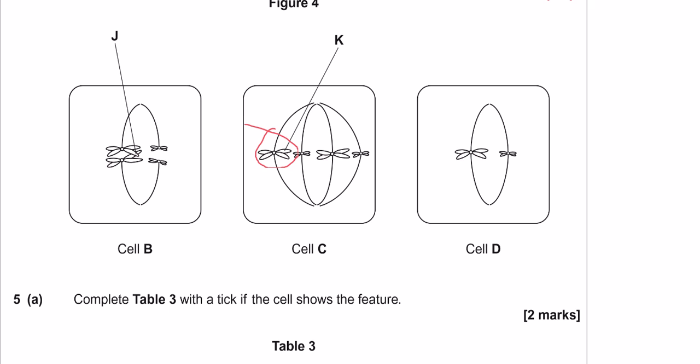So the fact that they have 2 chromatids connected at a centromere because the DNA is replicated. Or you could say K is on the equator of the spindle, so you can see the equator. So that bit there is the equator of the spindle. And it's attached, you can see it's attached at the centromere.